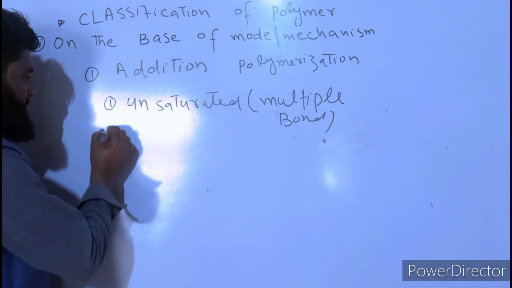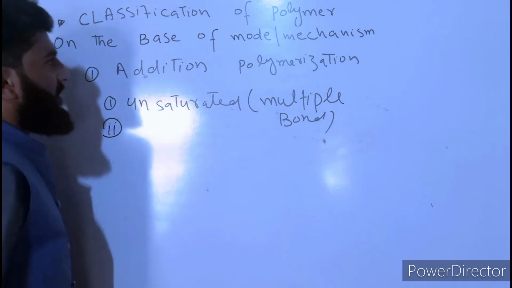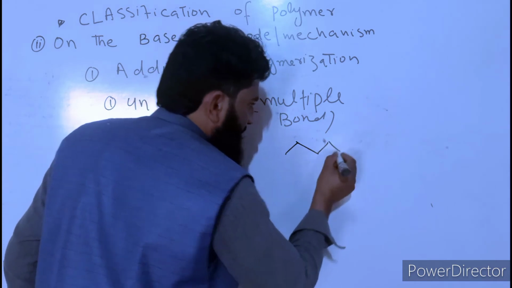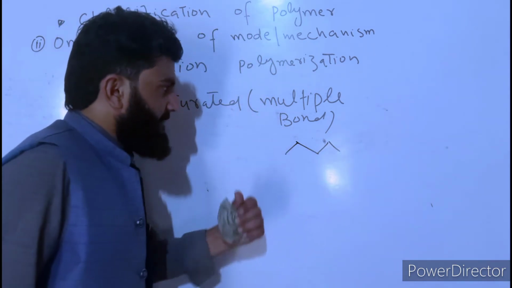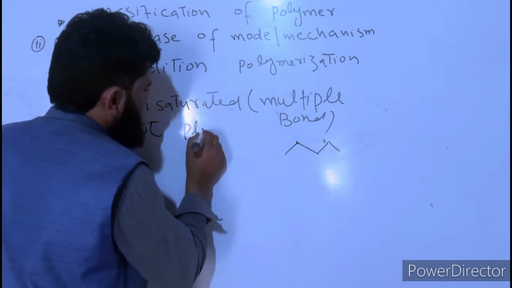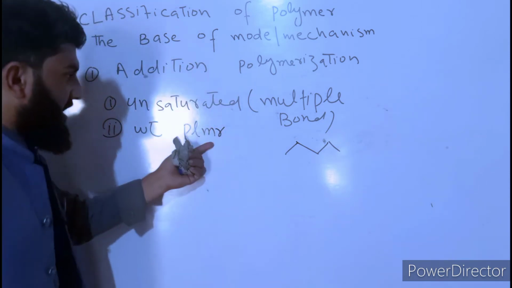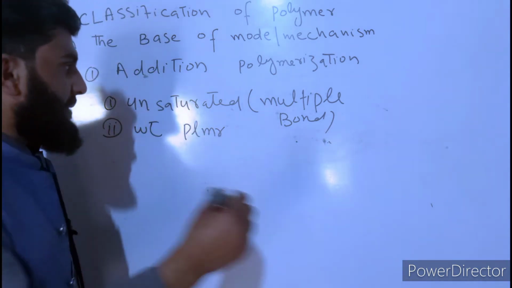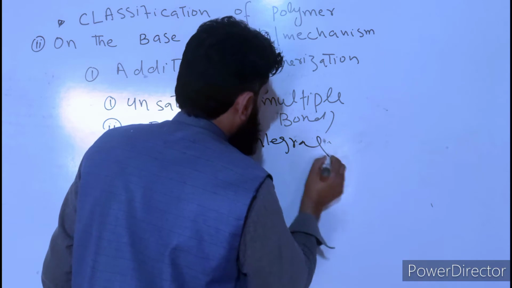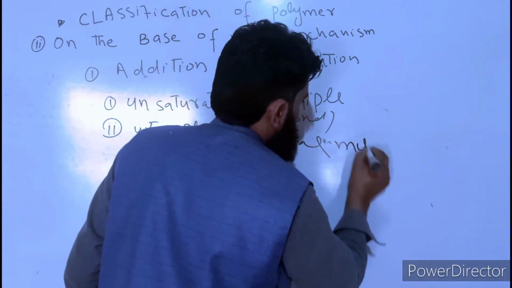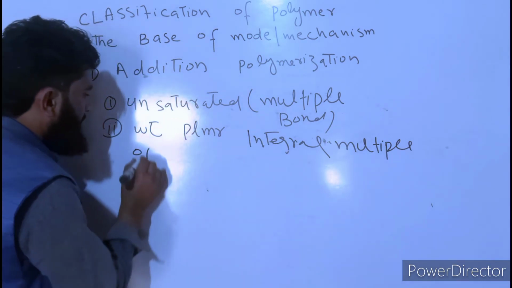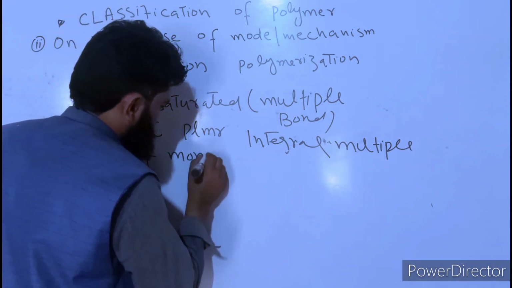The second property that is related to addition polymer: the weight of polymer is integral multiple of monomer.